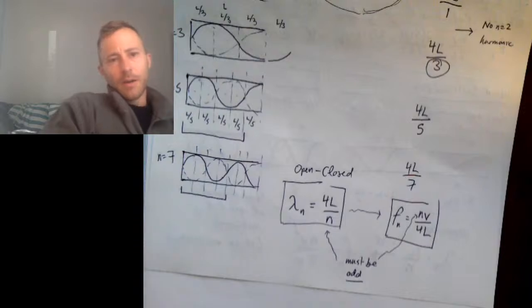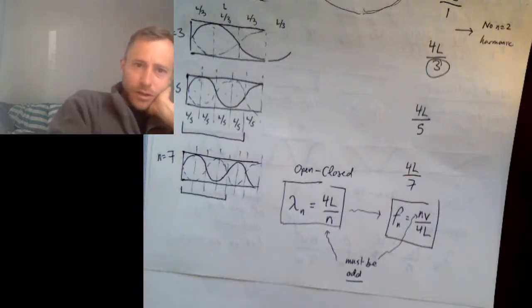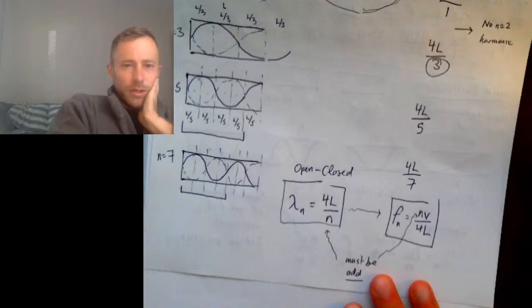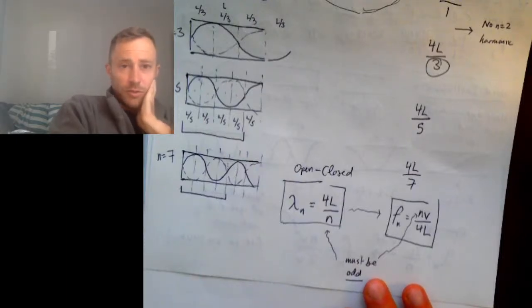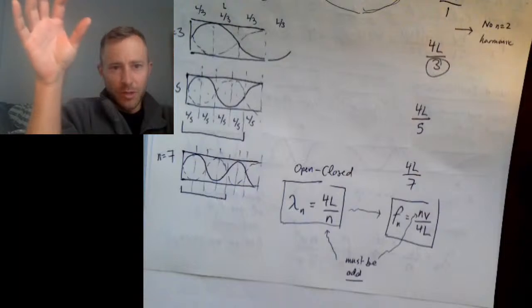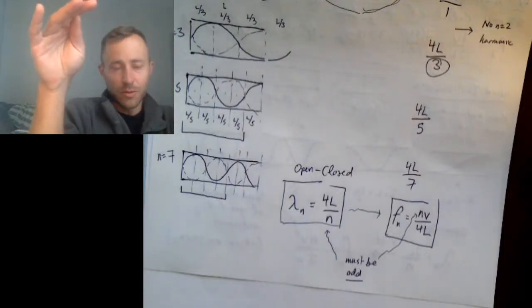One thing I want to say is what we've studied here are musical instruments, but we've studied one-dimensional musical instruments. A tube is essentially one-dimensional. If you're inside a tube, you can go forward and backwards only.